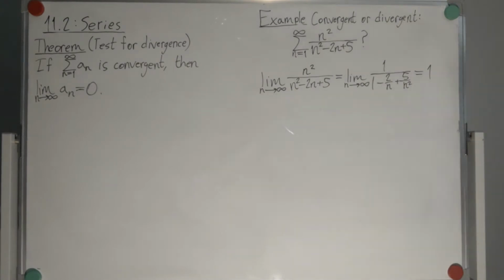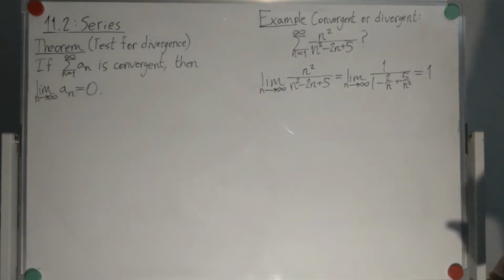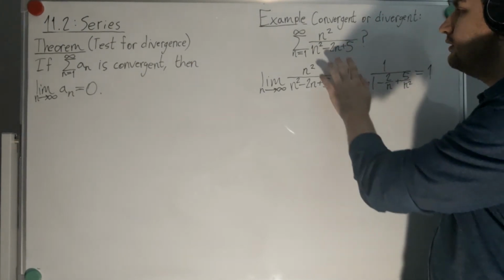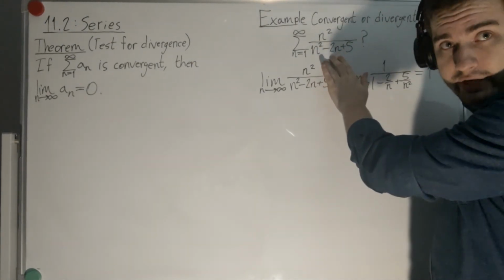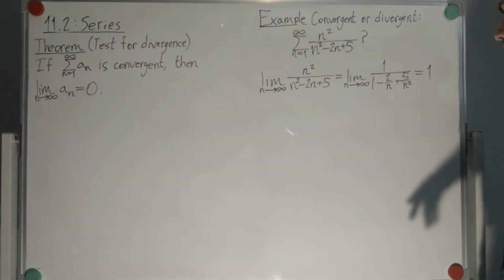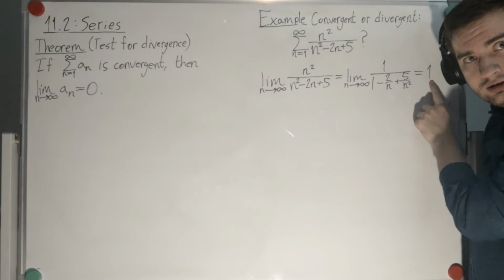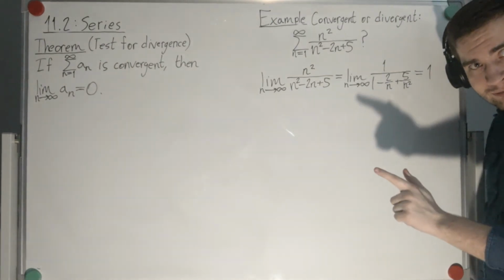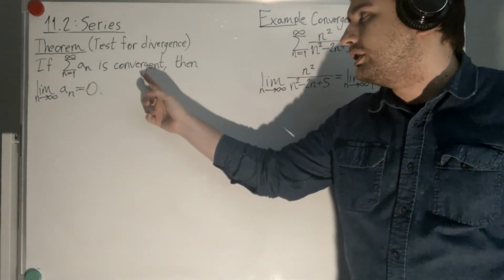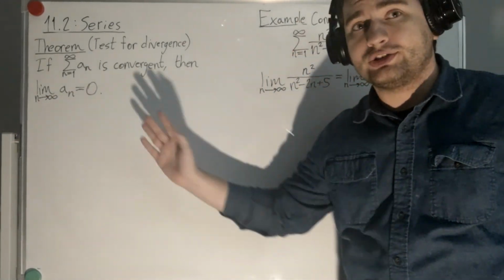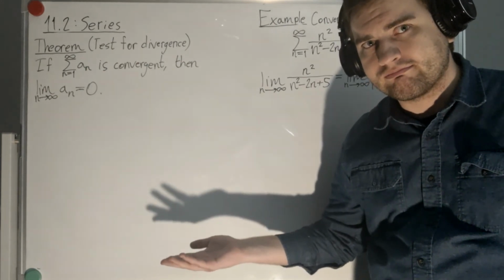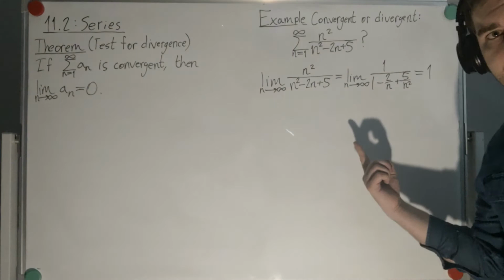Okay, now let's think about what we just discovered here. We just discovered that the terms of this series, not the series itself, but the terms of the series, are approaching 1. Also, the test for divergence tells us that if the series is convergent, then its terms approach 0. What does this mean? It means this thing can't be convergent.